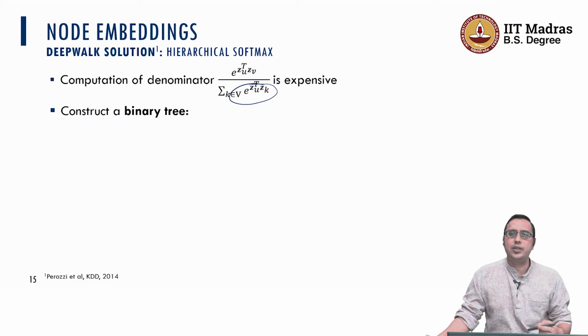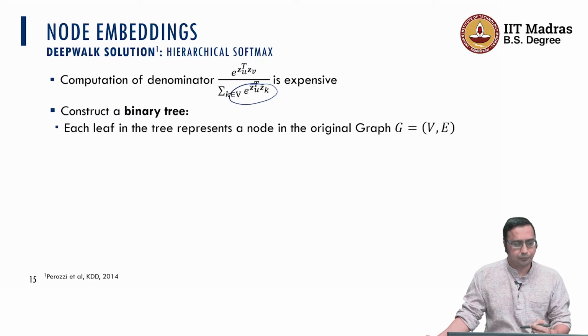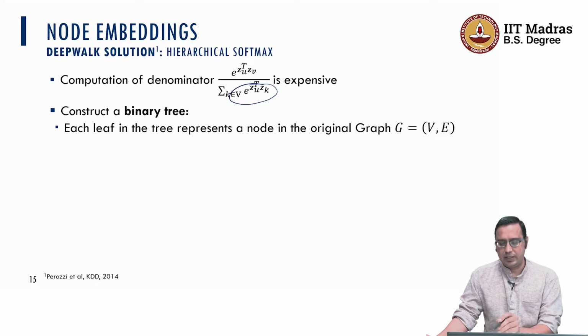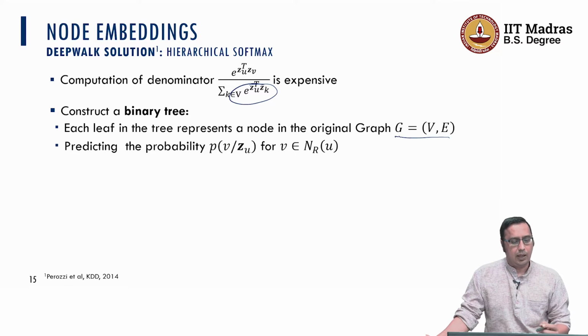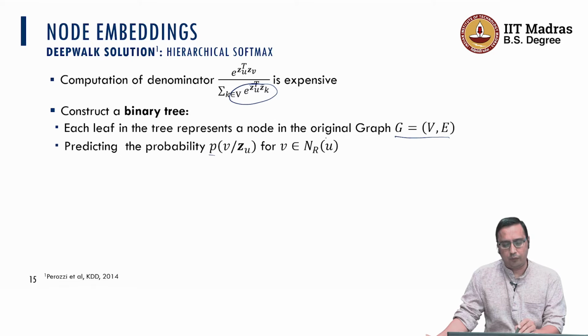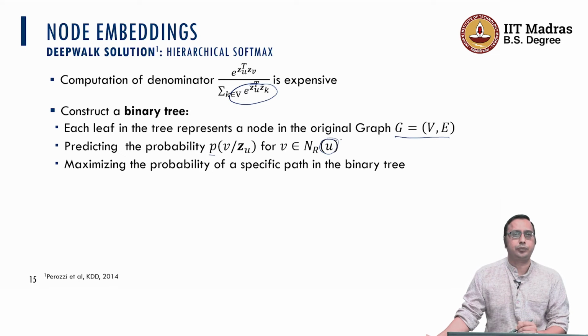So what we are going to do is construct a binary tree where each leaf in the tree represents a node in the original graph G. Then we are trying to predict the probability P of node v given the embedding z_u for each v in the neighborhood of u.